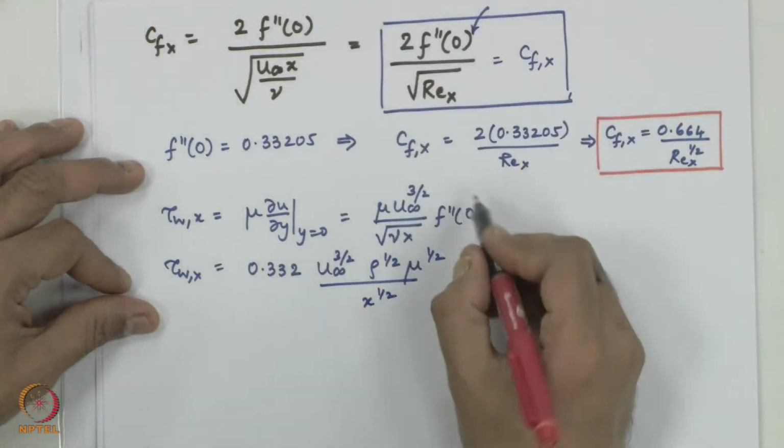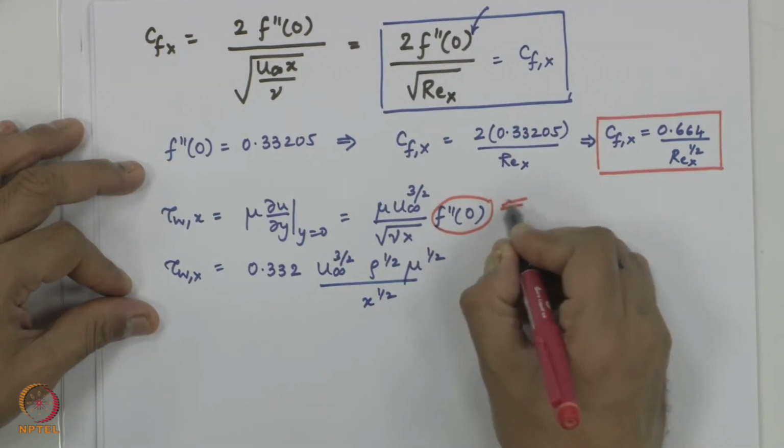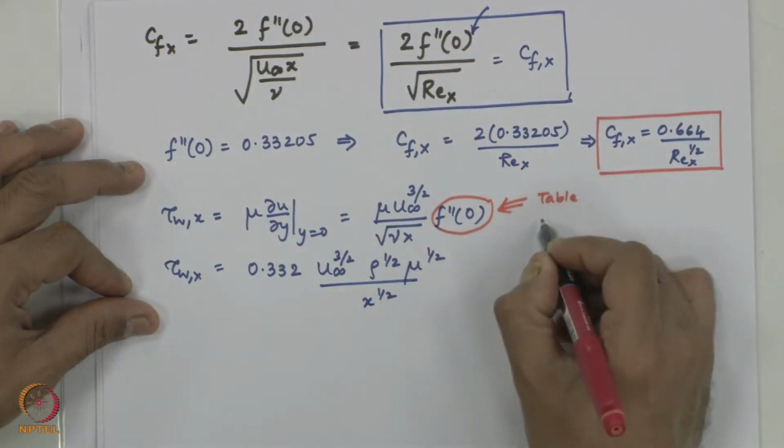This is all manipulation. This 0.33205 was from the table which we had generated.